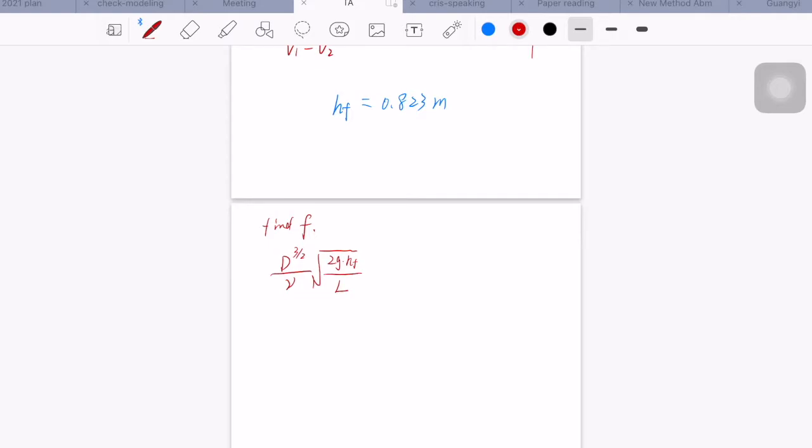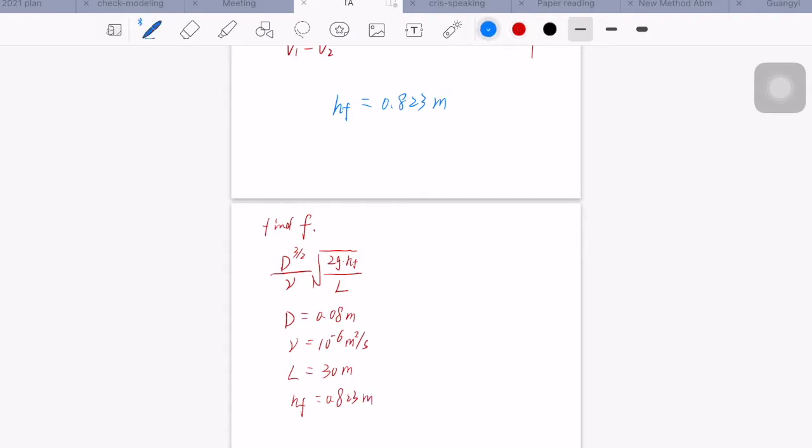Yes. And from the problem, we know the D is 0.08 meters, and the nu is 10 to the power of -6 square meters per second, and the length is 30 meters, and we know the HF is 0.823 meters.